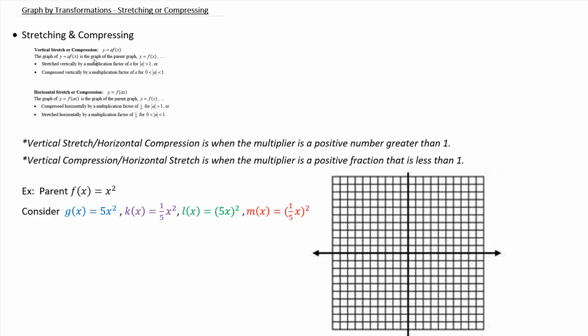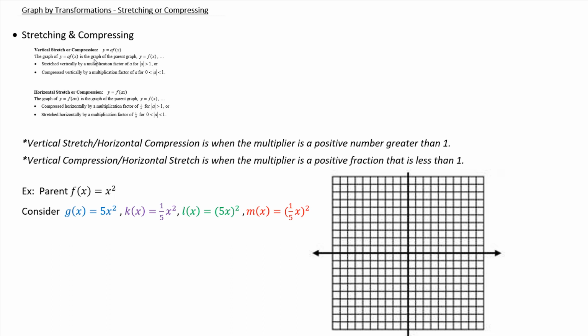The focus of this lesson is on graphing by transformations, in particular stretches and compressions. When we talk about stretching or compressing, we have our parent function, but there's a multiplier on that parent function. That multiplier may be on the entire parent function, and in that case that would be a vertical stretch or compression.